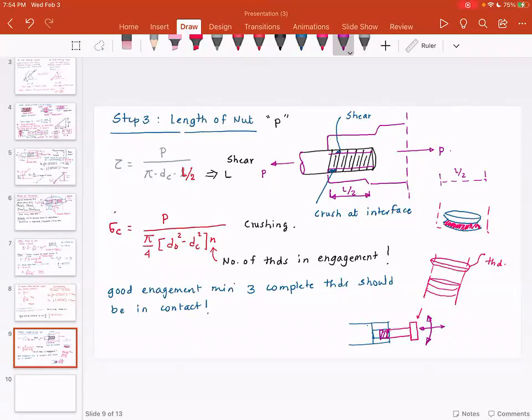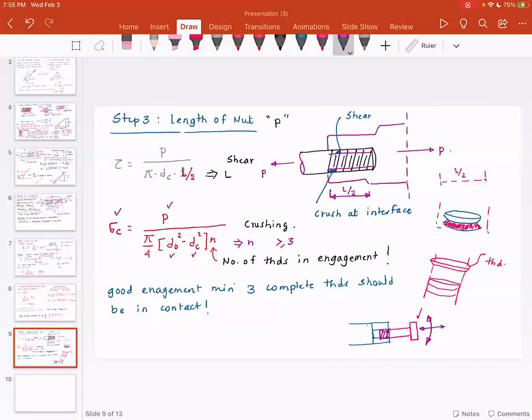So now sigma C is given to us, P is known, DO is known, DC is known. So from this equation, we can find out the value of N. And this N has to be greater than or equal to 3.